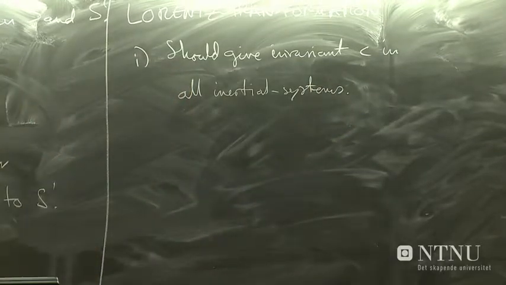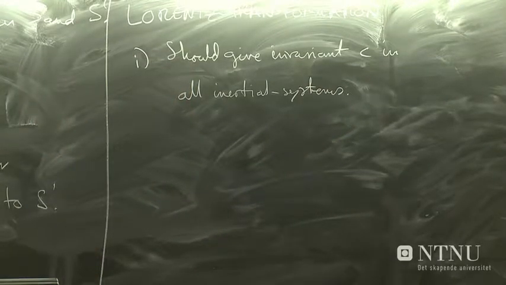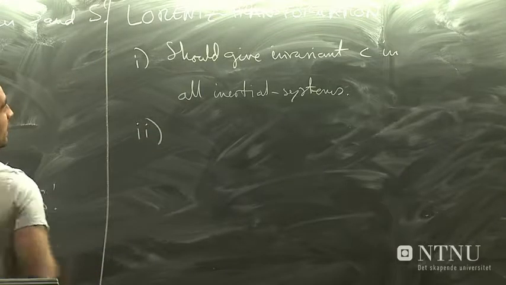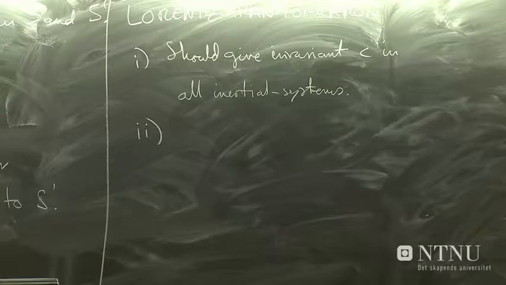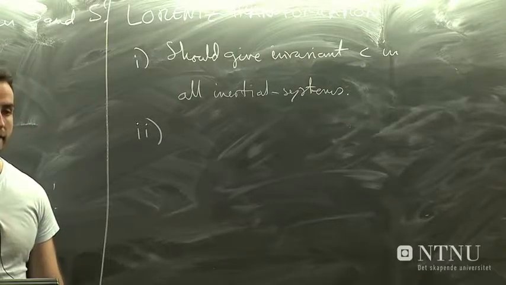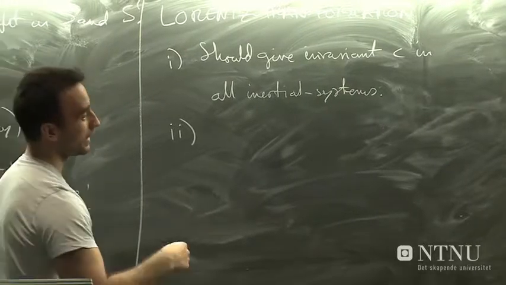For one thing, it should give an invariant speed of light in all reference systems. And the second requirement is that for velocities much smaller than the speed of light, it should reduce to the Galilei transformation.